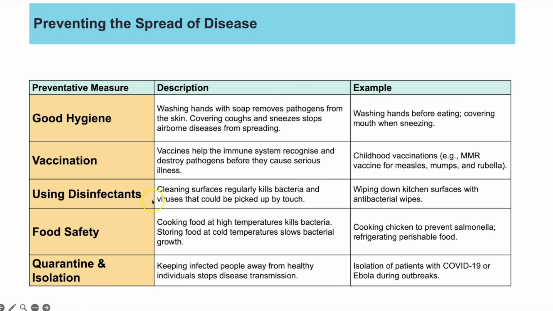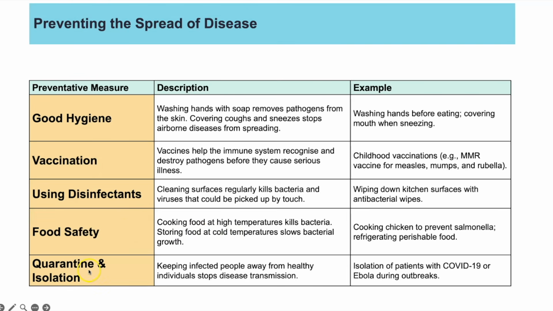Using disinfectant, which is a chemical that kills bacteria, and you use it on surfaces. So you could be cleaning surfaces regularly with disinfectants to kill bacteria. It can also destroy some viruses, and therefore if you're touching that surface, you aren't going to be touching anything with pathogens on. Food safety is another one, because if you aren't cooking food through properly, particularly meat, then pathogens such as salmonella can be in that food, and when you eat it, the pathogen gets into your body.